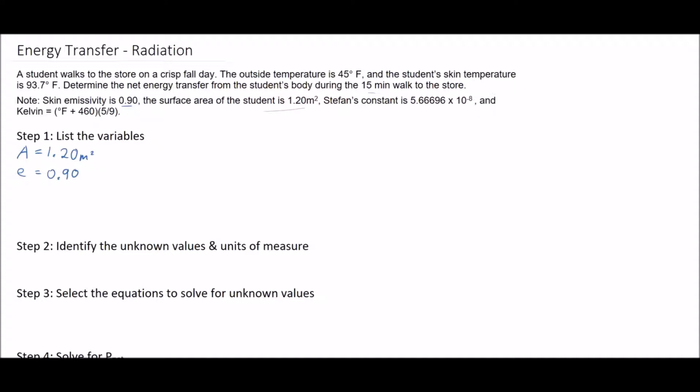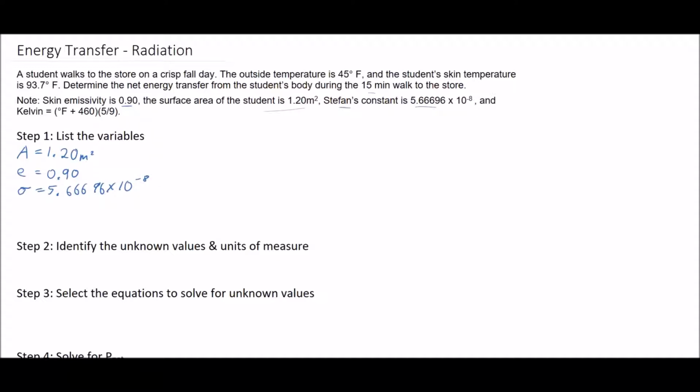Then we have Stefan's constant, and I might be pronouncing that wrong, but this is how it looks to me. So that is this symbol here. It's a Greek letter, and it is a kind of a pain to write out, but it is what it is. It's very useful. 5.66696 times 10 to the negative 8.